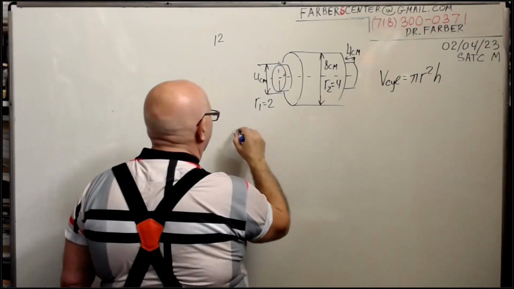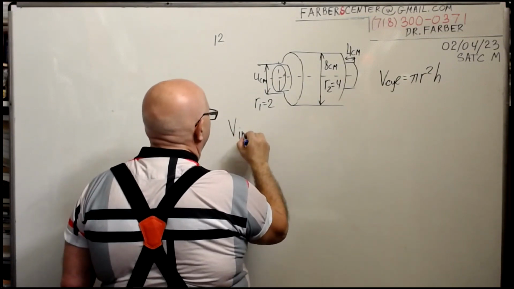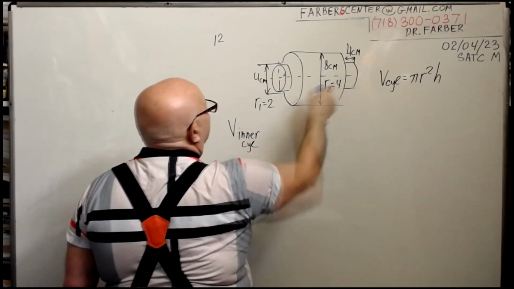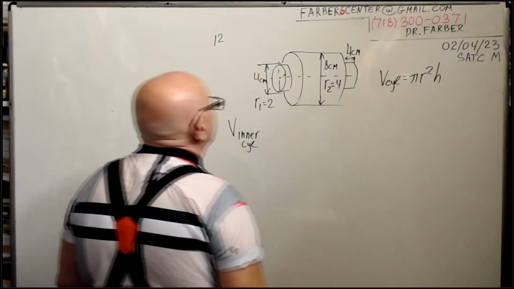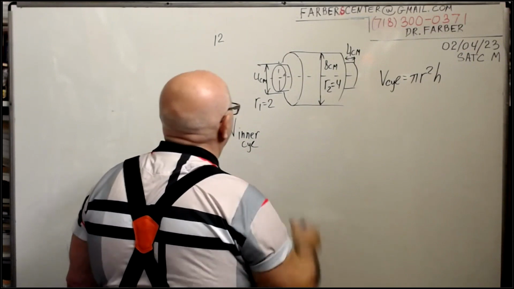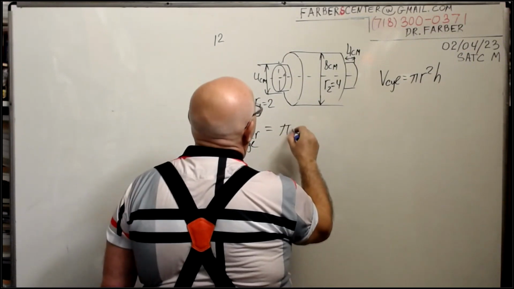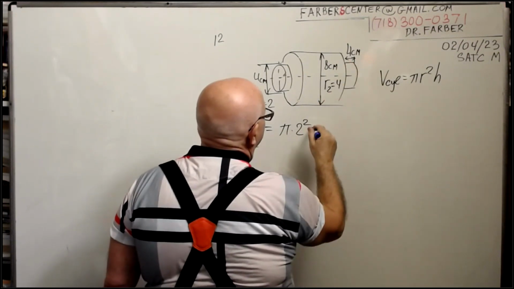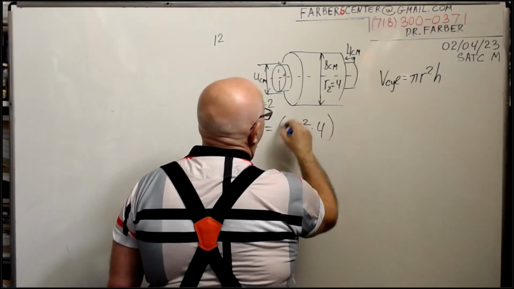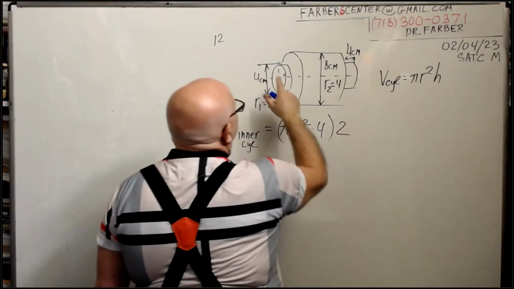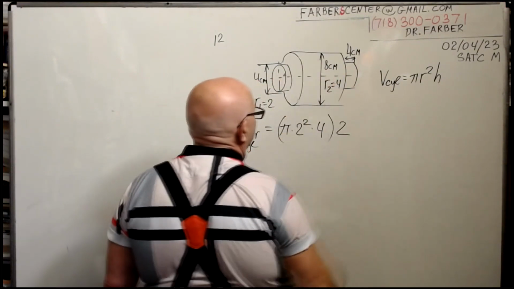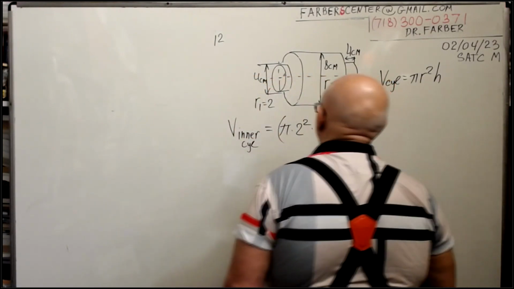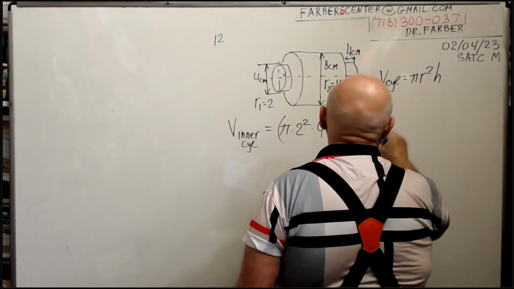Volume of inner cylinders, I mean these 2 small pieces, equals pi times 2 to the second, and height equals 4. And don't forget to multiply by 2, because we have this and this part, front and back. So 4 times 4, 16, 32 pi.